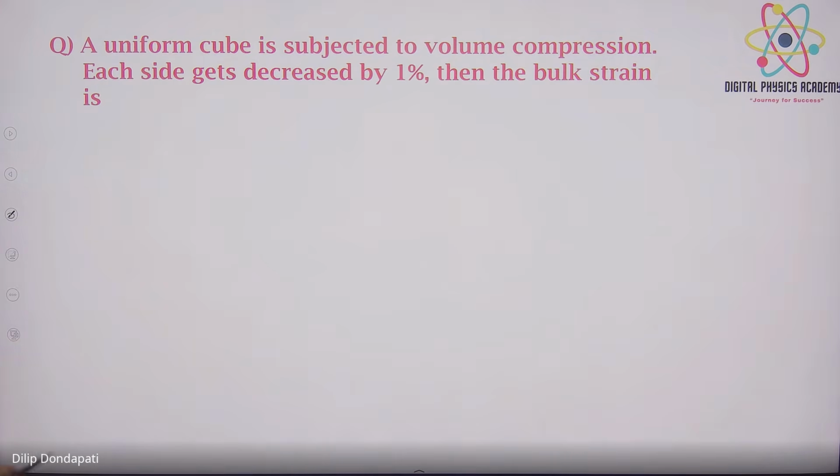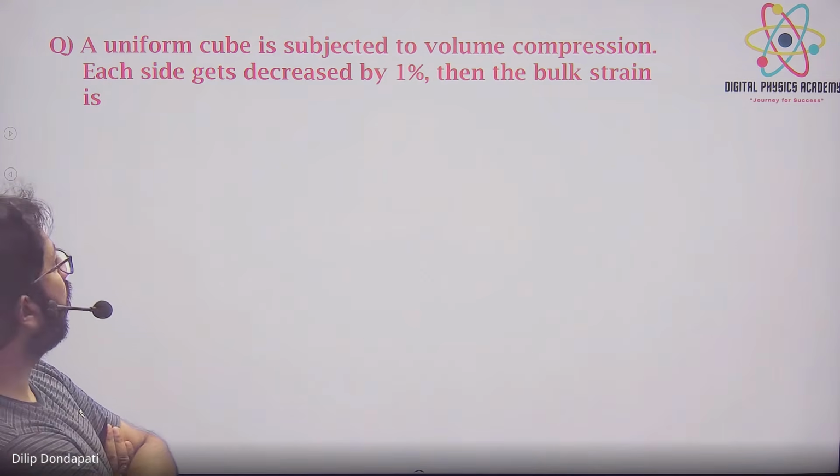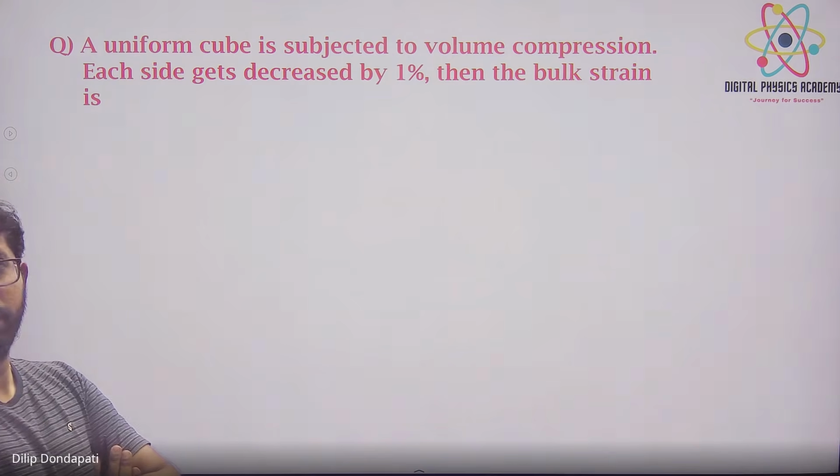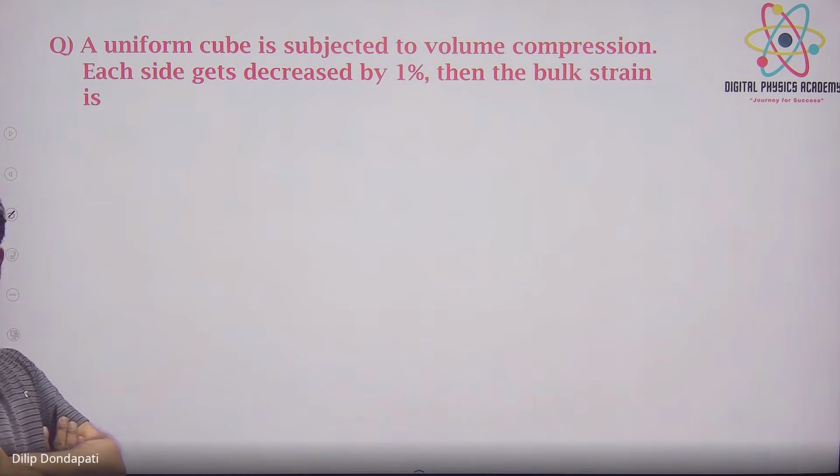Bulk strain is delta V by V that I want. Whenever the percentage is less than 5, you can use the error analysis method. So what is the bulk strain?